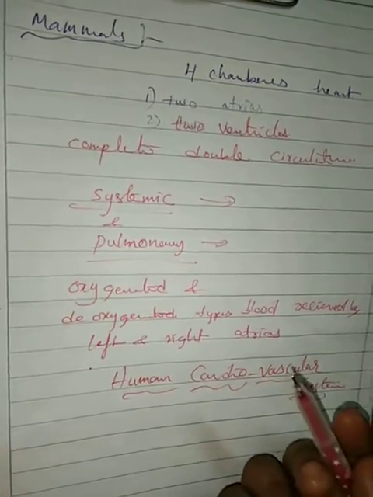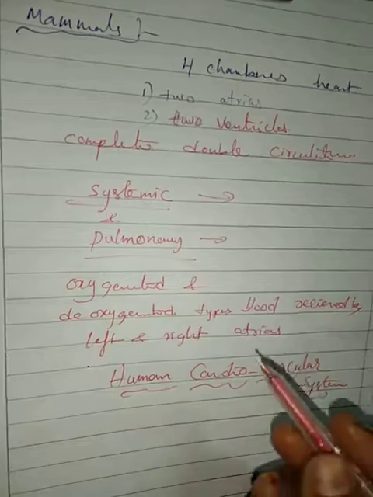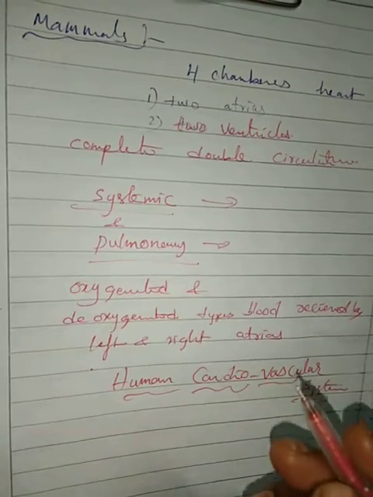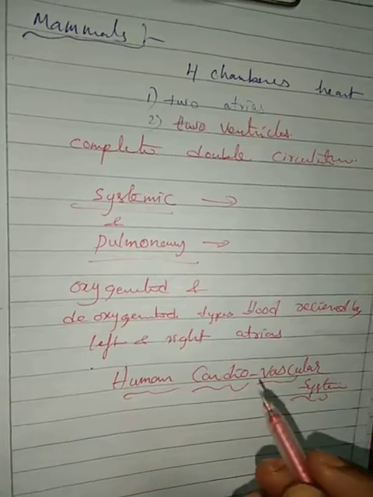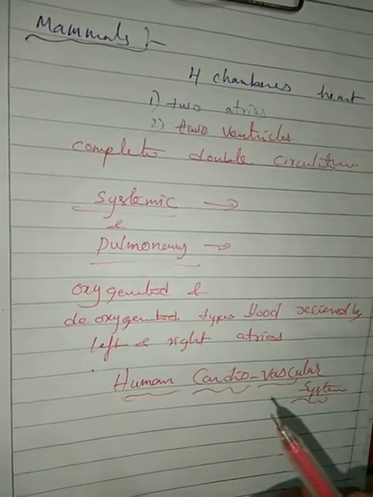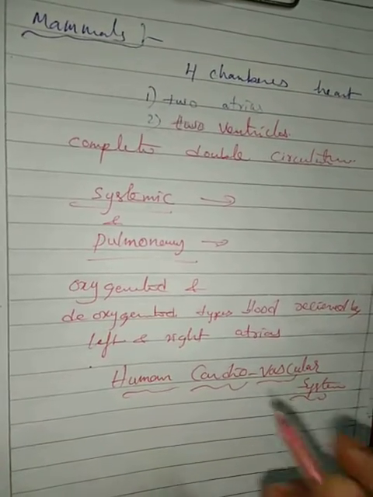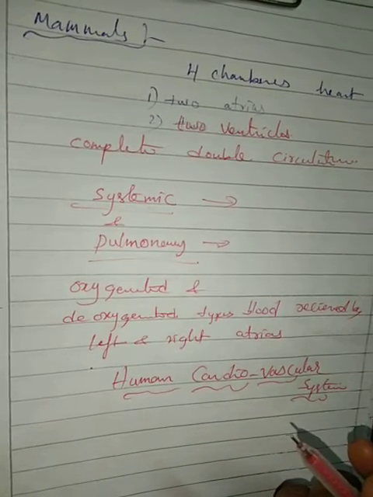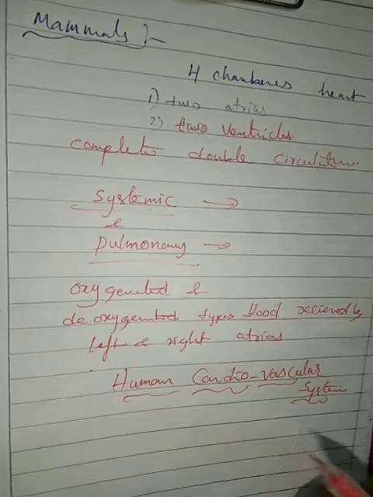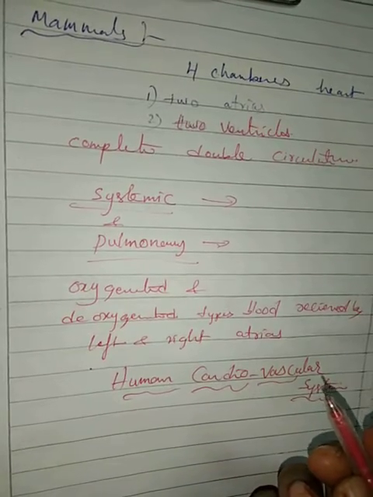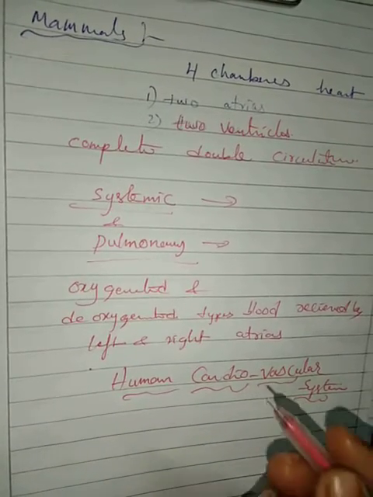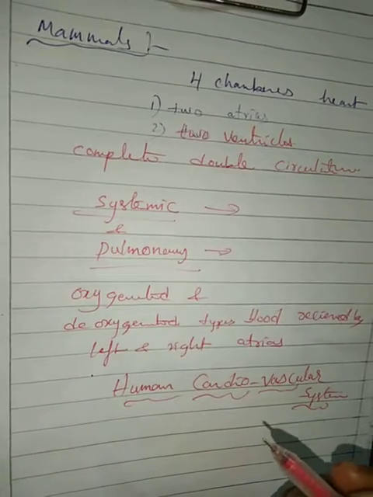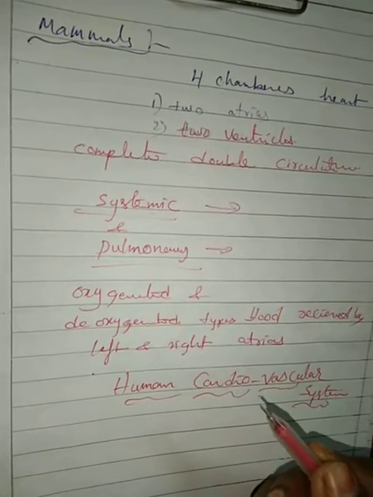Reptiles have two atria and an incompletely divided ventricle, except crocodile. Crocodile has the complete four-chamber heart, two atria and two ventricles, so crocodile has complete double circulation, and reptiles have incomplete double circulation.